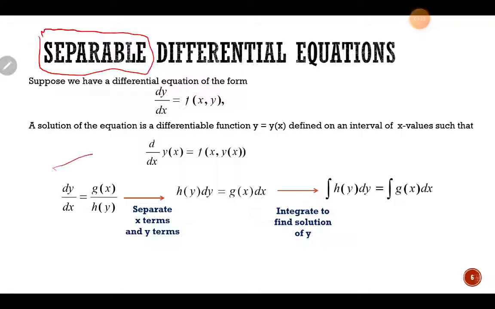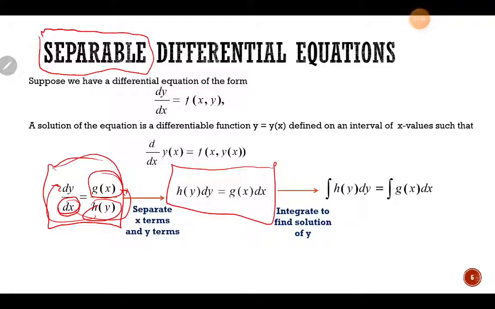For example here we have dy over dx equals g(x) h(y). So maknanya kita separate, yang y ni pergi ke kiri bersama dengan dy, and dx kat sini pergi belah kanan untuk bersama dengan g(x). So what we have at the end is h(y) dy and g(x) dx.